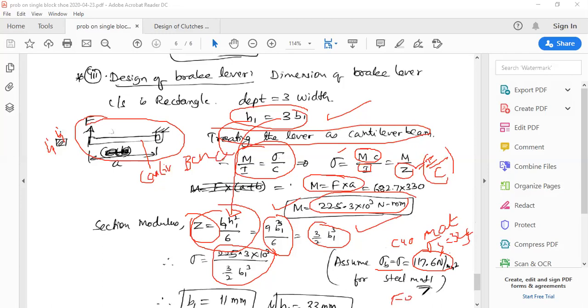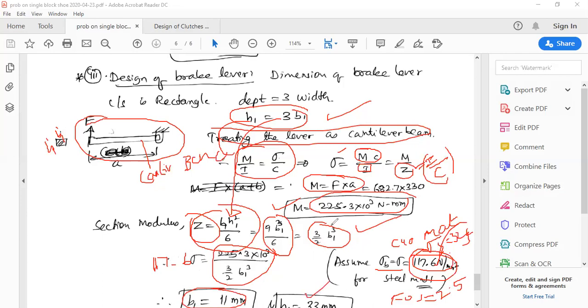Factor of safety is selected as either 3 or 2.5. If I use these two values, I will get the value of sigma as 117.6. If I substitute 117.6 in the LHS here, I will get the value of B1 as 11 mm and H1 as 33 mm.